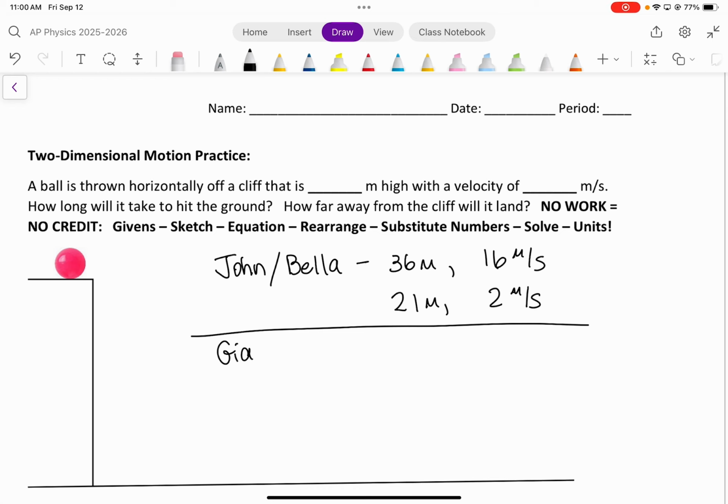Then Gianna and Lydia, you're going to do 23 meters and 4 meters per second, and 32 meters and 10 meters per second. Okay, thanks.